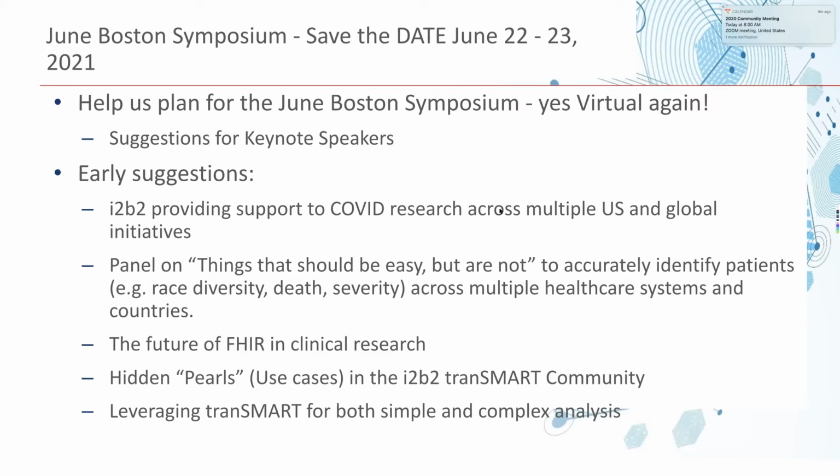One area of particular interest is identifying patient cohorts, for example, how we're encoding things like race, diversity, death, and severity in our different data sets, and how we might better encode these to make the data sets more usable across different systems. We think that should be an interesting conversation.